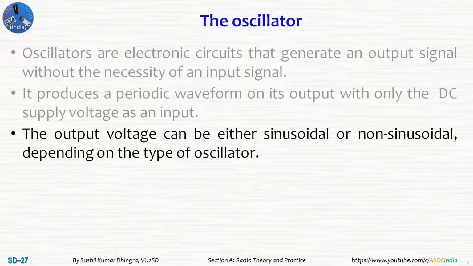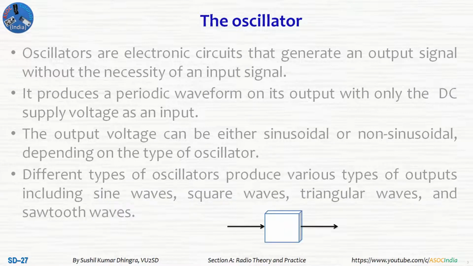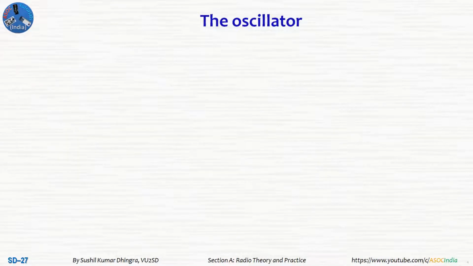When it comes to non-sinusoidal, I already told you it is rectangular wave, square wave, sawtooth wave, and so on. Just keep this in your mind: when we are using an oscillator, DC is coming in and the output is the desired output of a specific frequency.